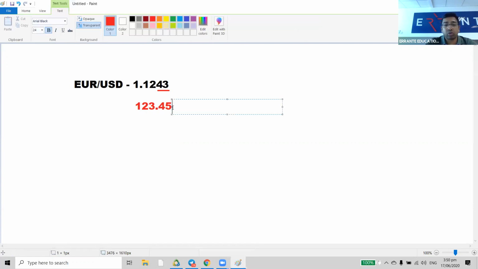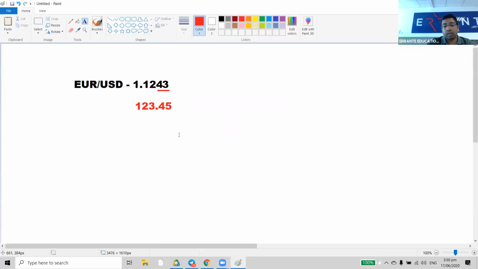If there is an extra one at the back, like 8 or something, you just throw that away, and then you can bulatkan that as well. You want to make that round number closest to the last digit, as I think you get the idea. 1.1243 for Euro USD. If it's JPY, you look at the 45. So that is the 2 digits that you need to pay attention to here.